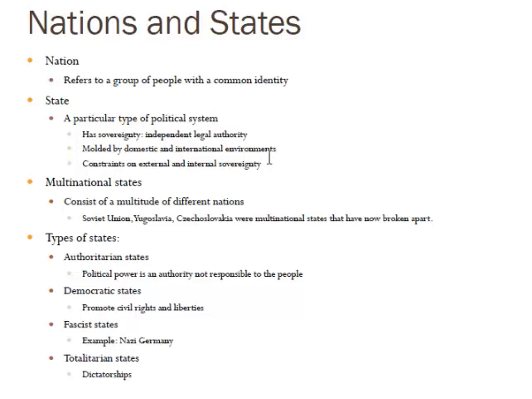And it also, of course, has limits or constraints on external, which means outside its borders, and internal, within its borders, sovereignty, which means rulership. In other words, a state has rules within its borders, but those are limited. They can't rule and do anything they want within their borders. A multinational state, which is virtually every country on Earth, is a state that consists of many different nations.